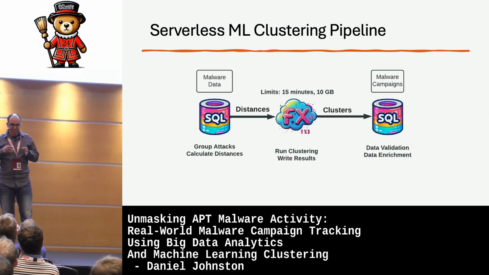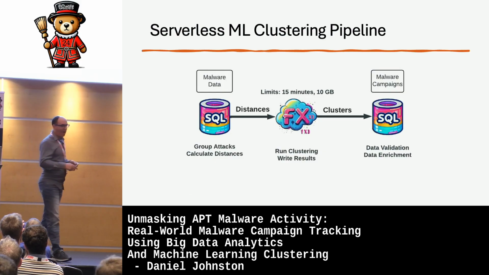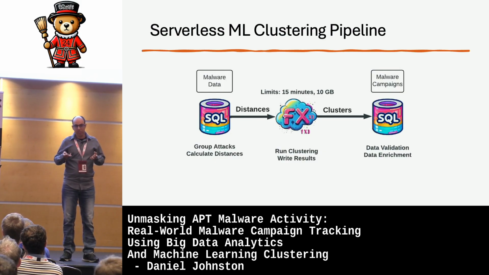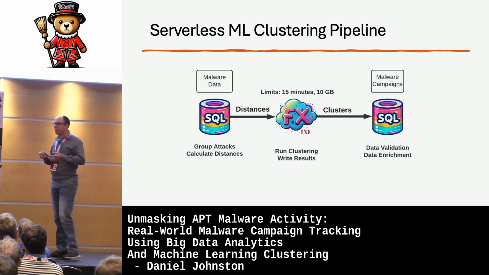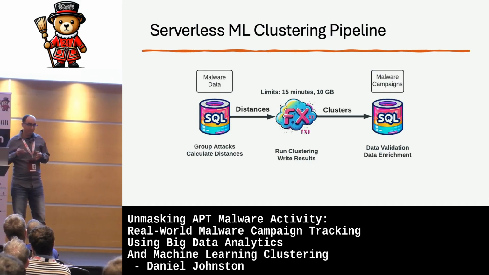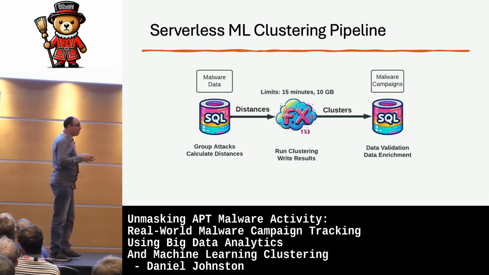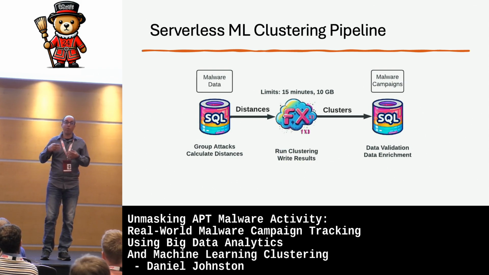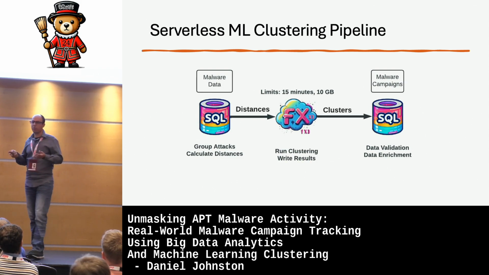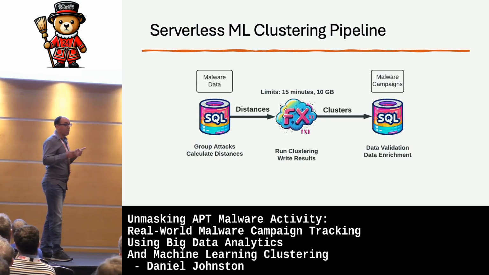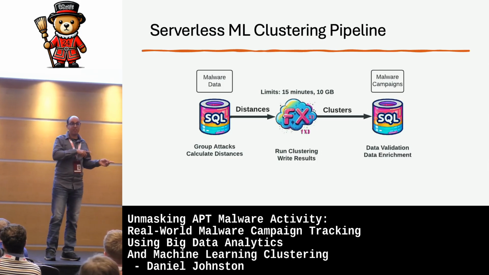Once the distances are calculated, we save them into some object store, and the data is moved to the next step, which is the clustering algorithm. It seems weird that we are using cloud function for ML clustering, because ML clustering is normally a heavy process, which takes a lot of time and a lot of resources. But because the distance calculation was done by the query engine, it works for us.